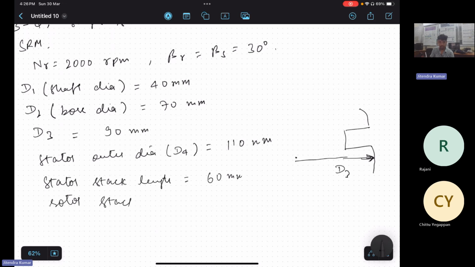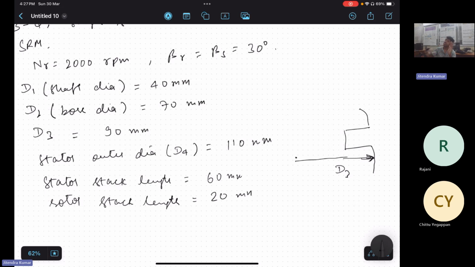Rotor stack length is 20 mm. Generally, in a radial flux machine, the stator and rotor stack lengths are the same. But since this is an axial flux machine, they are not the same because they are placed axially. So length would vary, but their diameters should be similar.